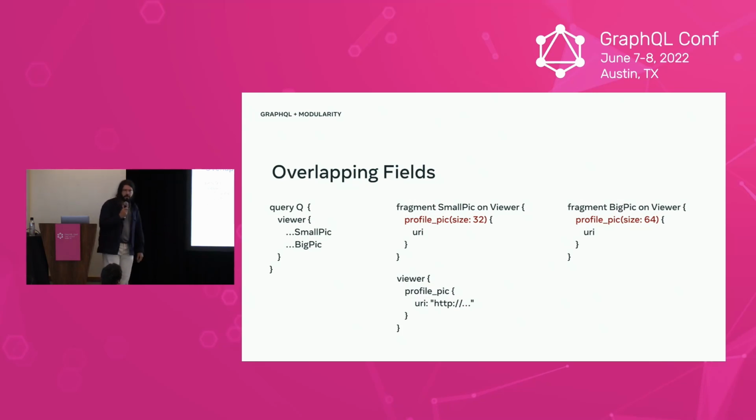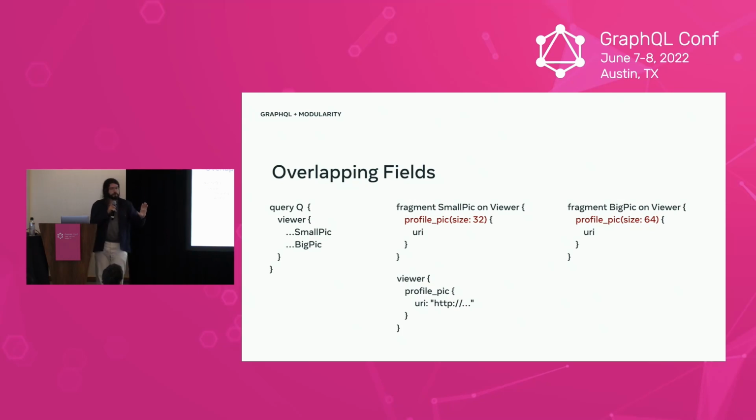Now, according to the spec, what should happen is that your app should crash. Right? Because this is an invalid query, and so the server is required to just return an error for this query because it's invalid. And because remember, this could be in a product that you don't write. You're working on small pic and you add this profile pic field.